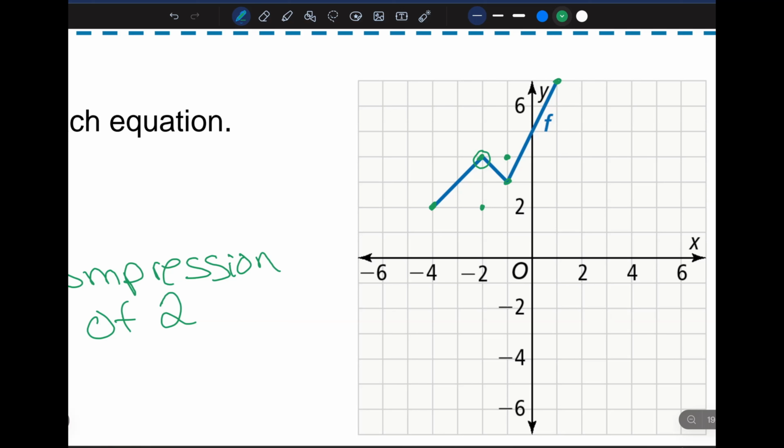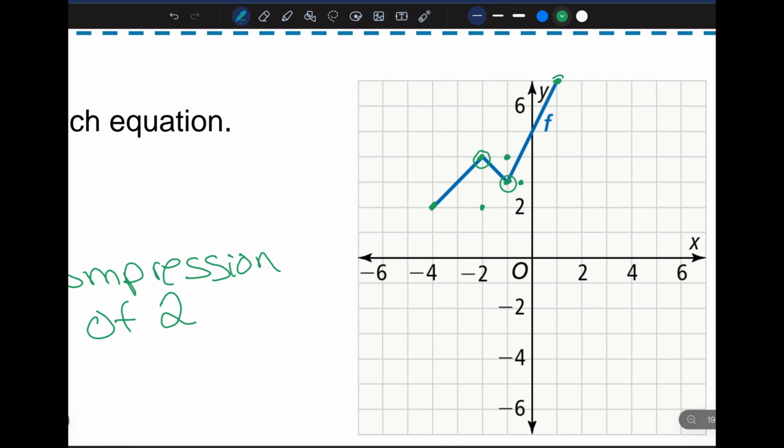Half of -1 is -1/2. And then this has an x value of +1. So I'm going to put that at a +1/2 x value. So I have compressed that horizontally. In other words, all these squished inward. Okay? So next I have the -4.